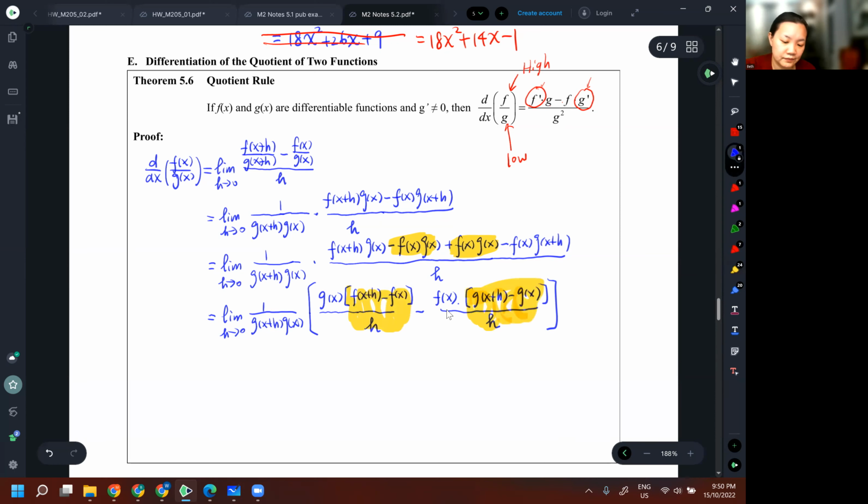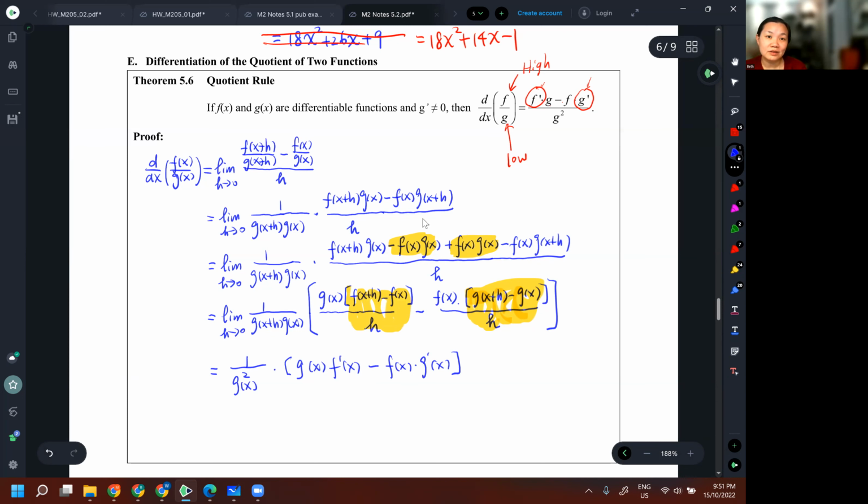So in the end, it's g of x squared, and then this is g f prime minus f g prime. So that is why it's d high low minus d low high divided by low squared. That's the proof.